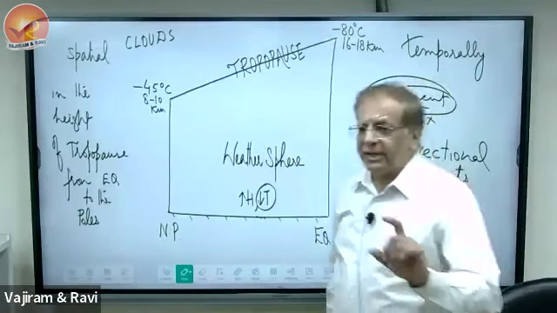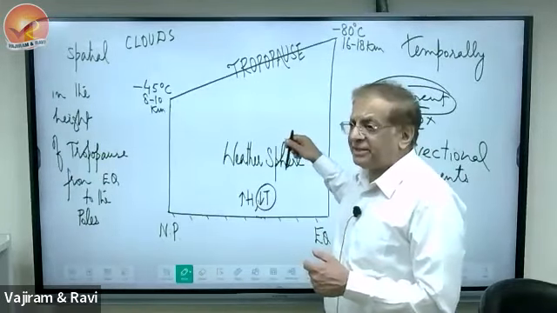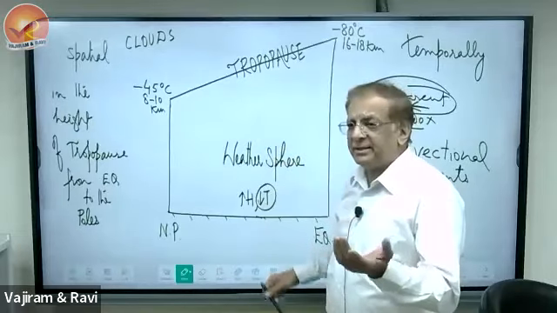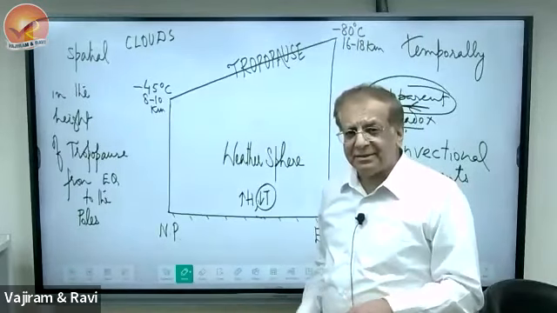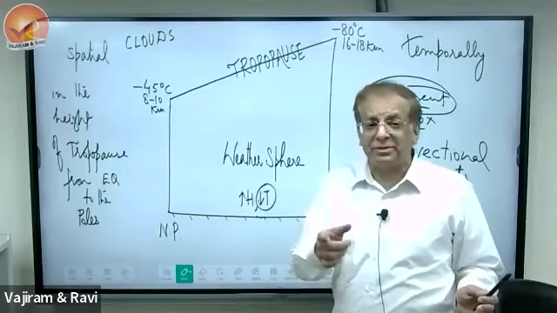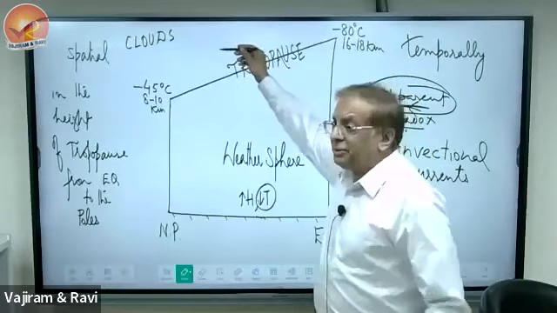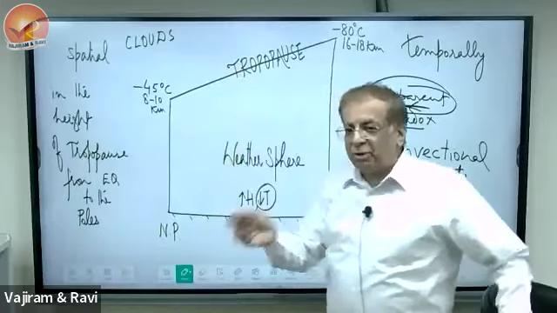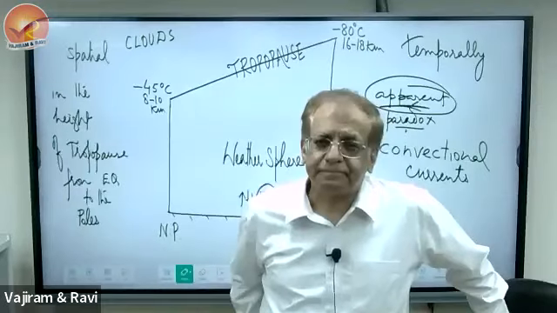And now I say most of the clouds of the world remain confined within this troposphere. Remember, I'm using the word most always. It means nothing is absolute. Some clouds will penetrate into the stratosphere, but most of the clouds, most of the time, are within the troposphere.